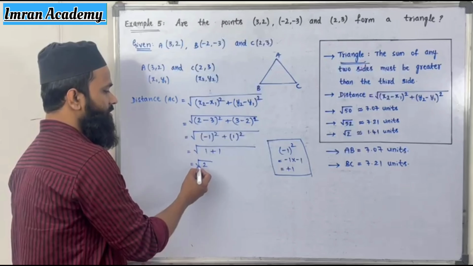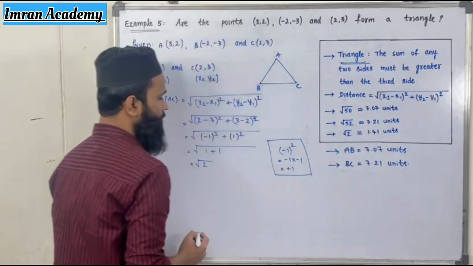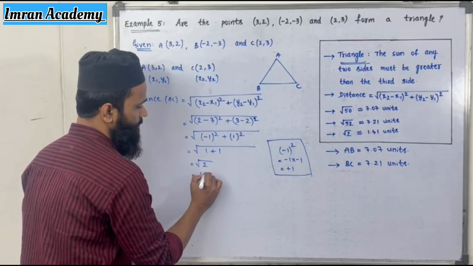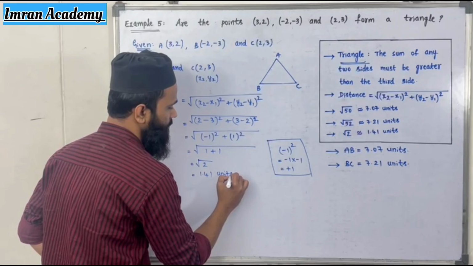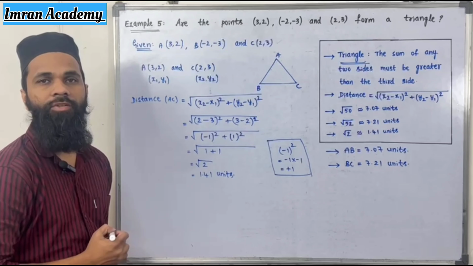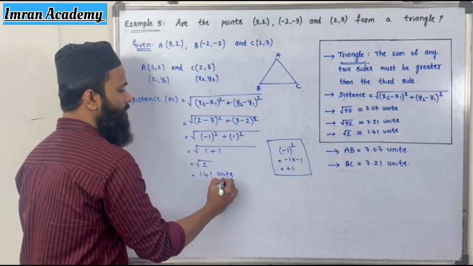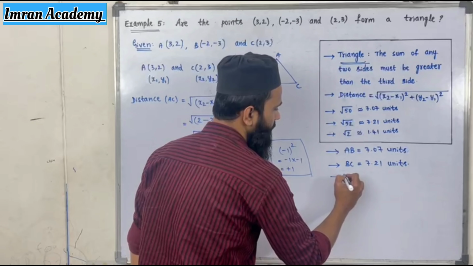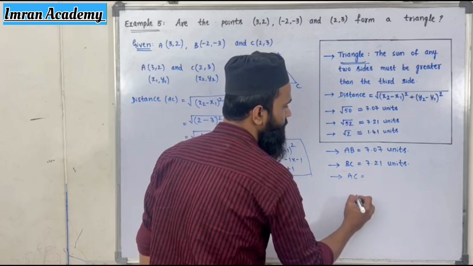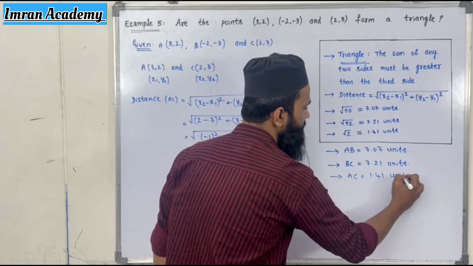So in place of root 2, we write it as 1.41 units. Finally, we got distance AC is equal to 1.41 units. Here we write AC is equal to 1.41 units.